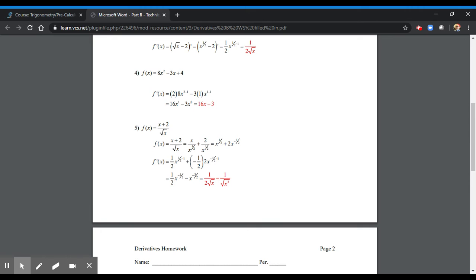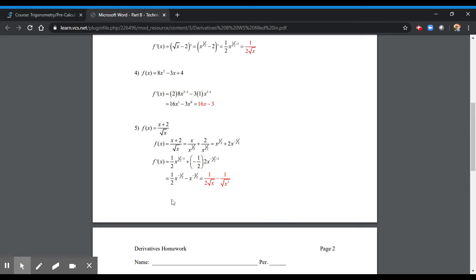Pull the 1/2 out in front, subtract 1 from the exponent, gives me 1/2 times x to the negative 1/2. Plus, here I'm going to take the negative 1/2 in front, multiply it by 2, and then times x to the negative 1/2 minus 1.